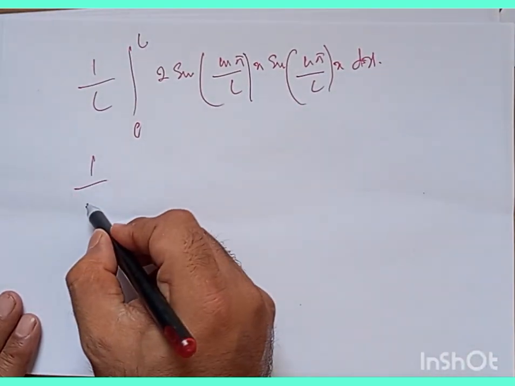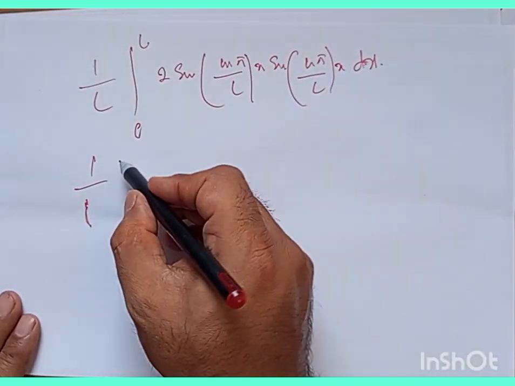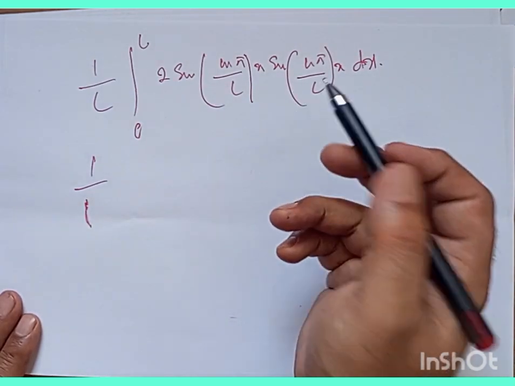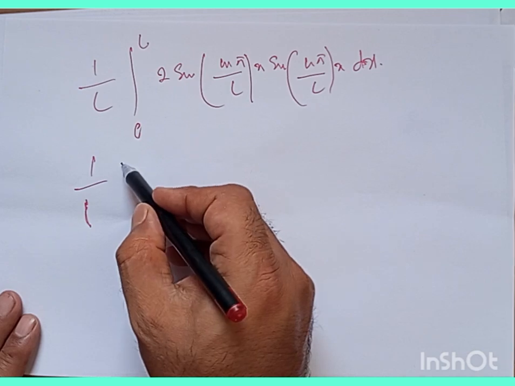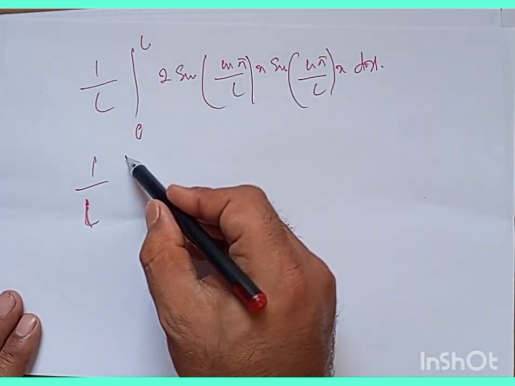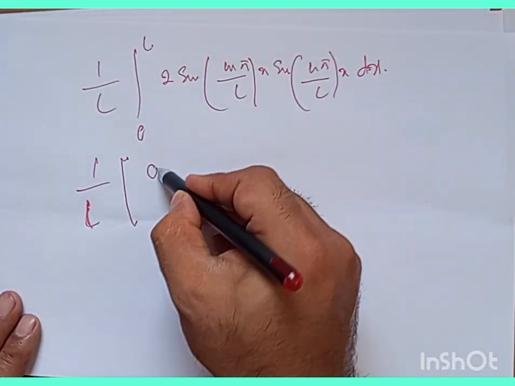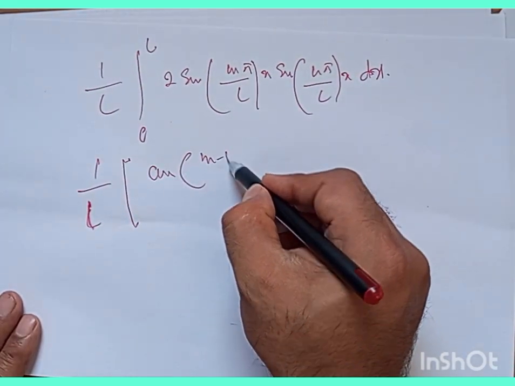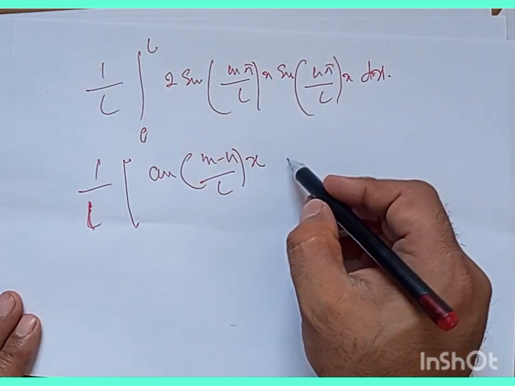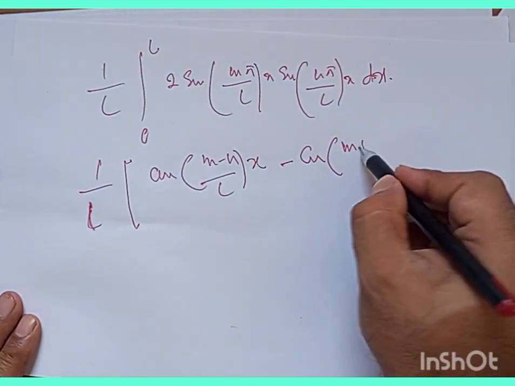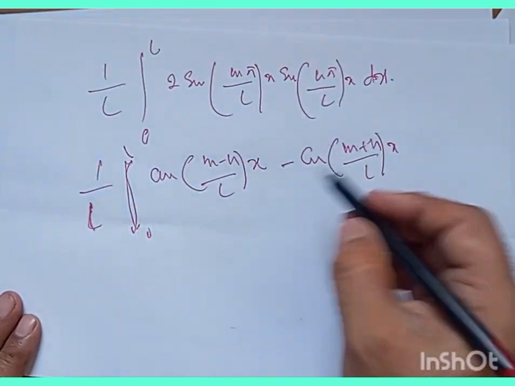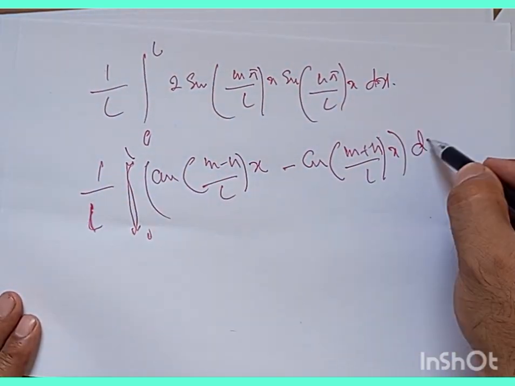So we can boil down this integral, and we can use the formula of twice sine theta 1 and sine theta 2. Here we can write it as cos of (m minus n) pi by L times x, and then cos of (m plus n) pi by L of x, before we have integrated it, closed with dx.